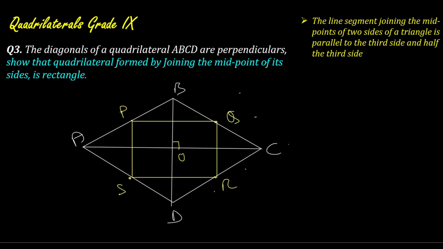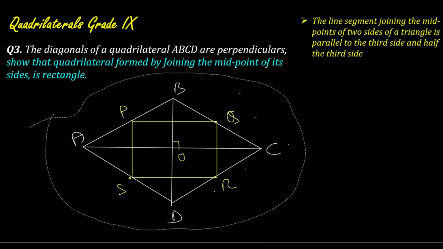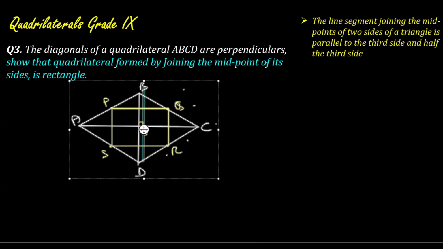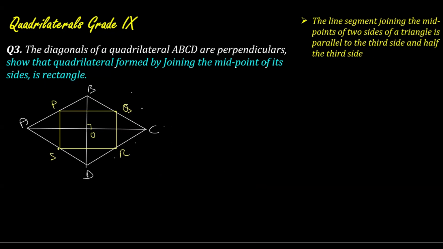Now to prove this, we are going to use the midpoint theorem, which I've already written here. That is, the line segment joining the midpoints of two sides of a triangle is parallel to the third side and is half the third side. So in the first go, I'm going to consider this triangle.